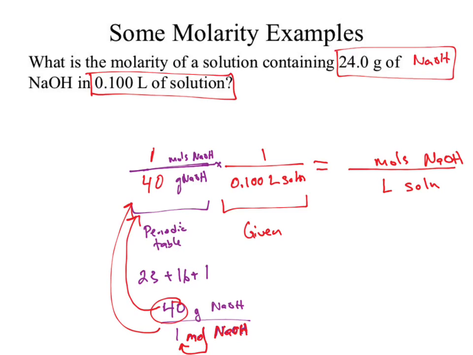I don't want grams of sodium hydroxide as my answer. It is 24 grams of sodium hydroxide. It says it right in the question. Now the 24.0 grams of sodium hydroxide comes in.